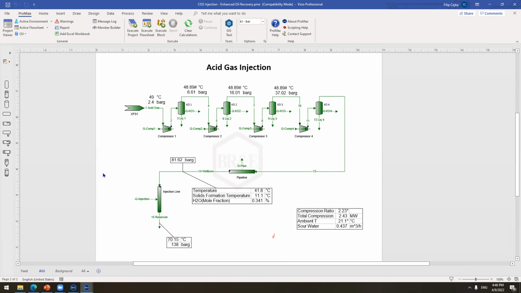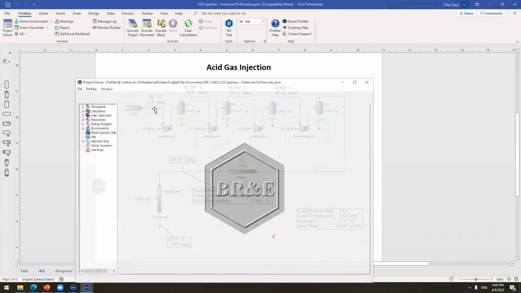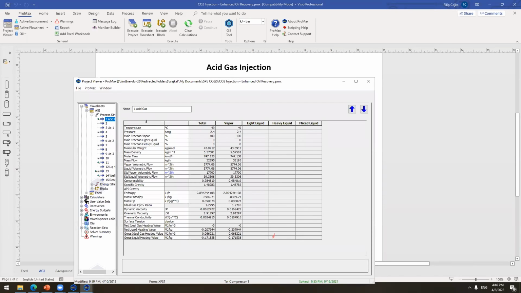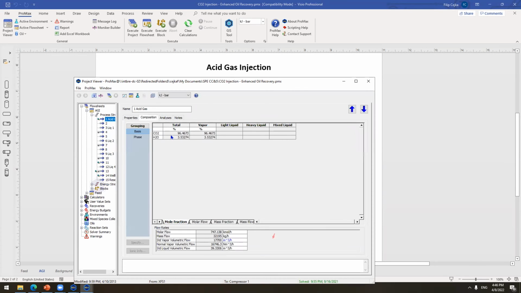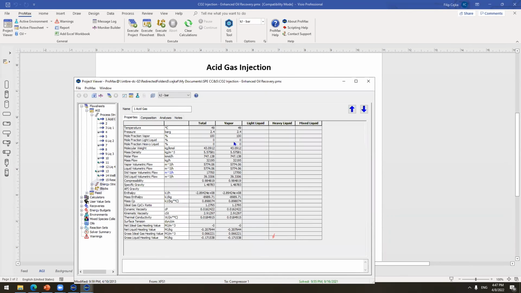And in ProMax, you can do it very simply. So you have an acid gas, and if we look at the composition, you can see it's basically mostly CO2 with some water.